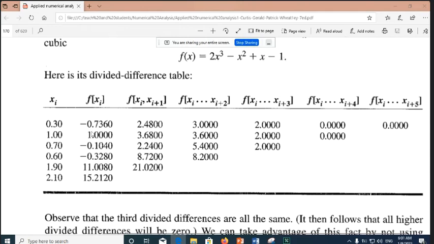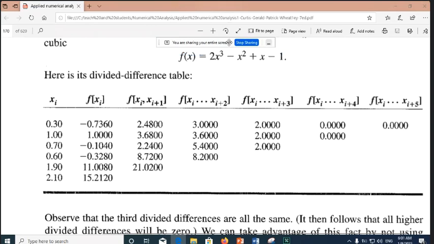In the second row of this table, we can see the value of xi at point x equals 1 is 1, and the value of f at the other points is computed by using this function.